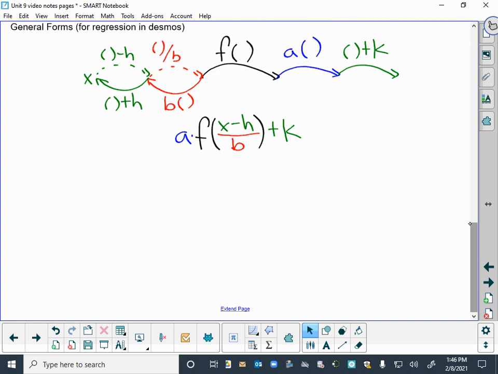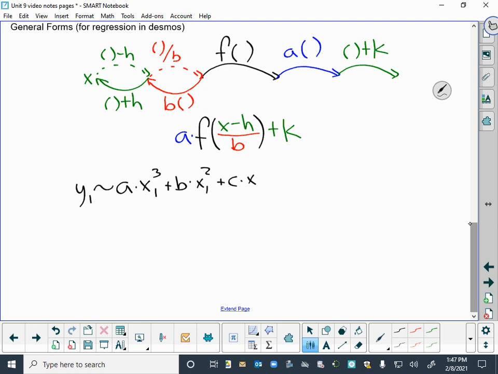Okay. In polynomials, the notation that would go into Desmos is y1 is equal to a times x1. Say we wanted it to be a cubic, then we're going to do that cubed plus b times x1 squared plus c times x1 to the first power plus d, and that should find values of a, b, c, and d for us in Desmos.